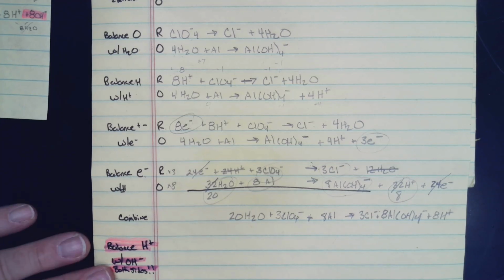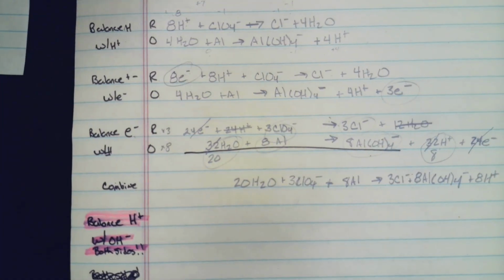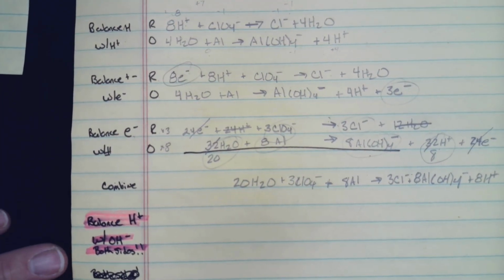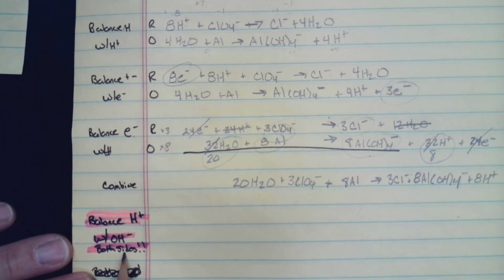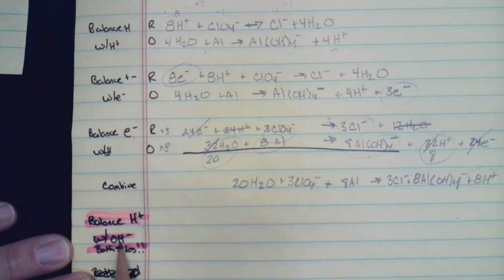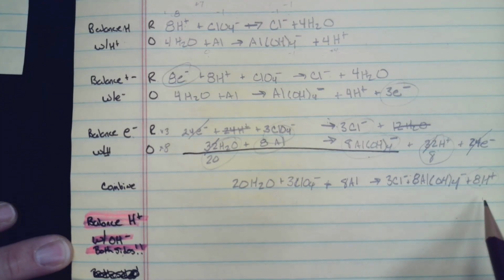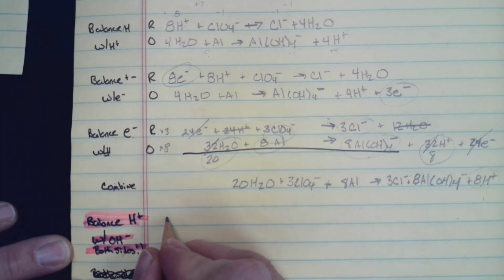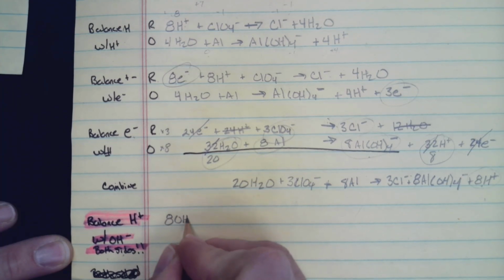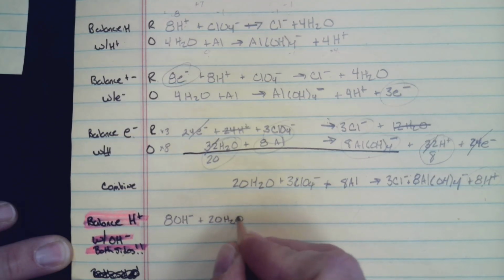All right, so here comes our new step. Because it was a base, we need to get hydroxides back in. So we're going to balance my hydrogens with hydroxides. And since I have 8 here, I have to add 8 to both sides. So I'm going to have 8 hydroxides plus my 20 waters.